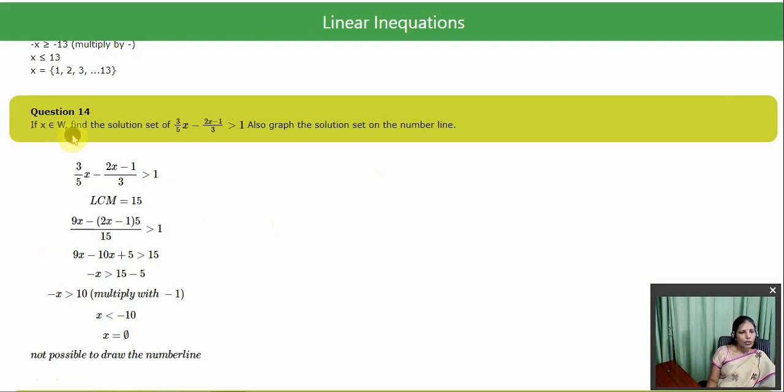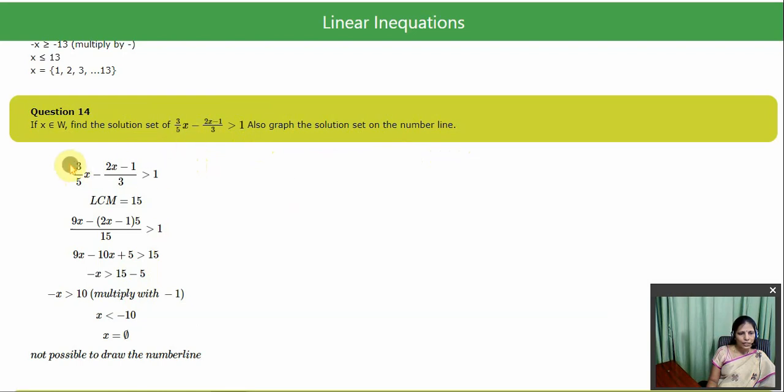If x belongs to W, W is what? Whole numbers. Find the solution set of 3x/5 - (2x - 1)/3 > 1. Also graph the solution set on the number line. First we will find the solution and then we will represent it on the number line.